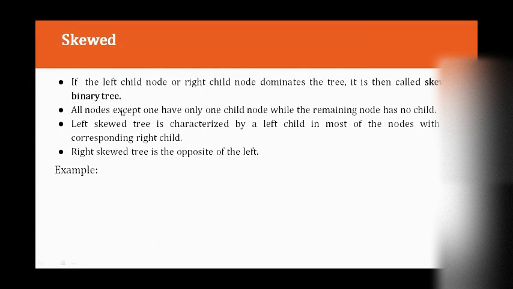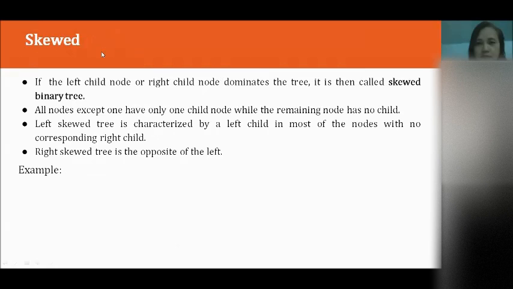Skewed. If the left child node or right child node dominates the tree, it is then called skewed. All nodes except one have one child node while the remaining node has no child.